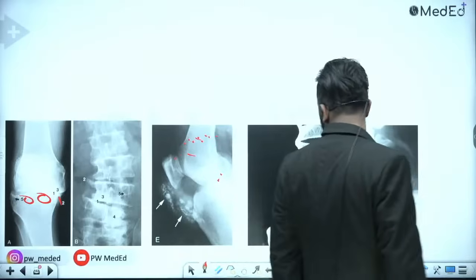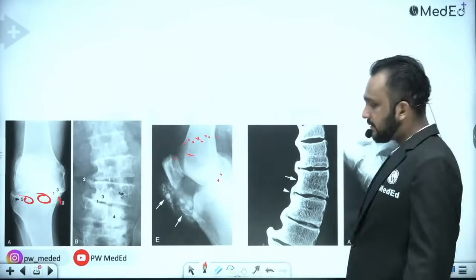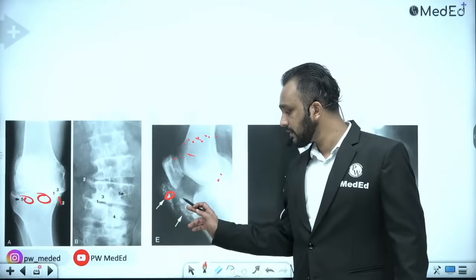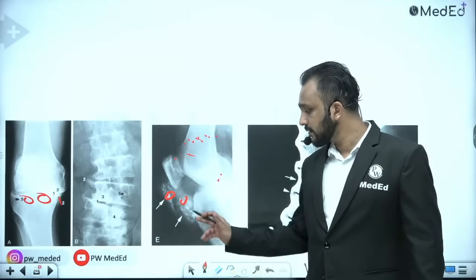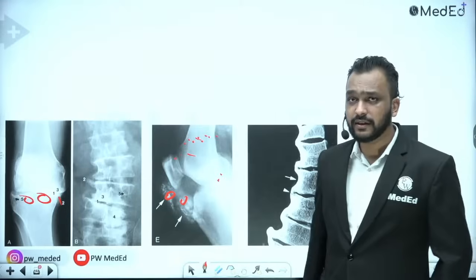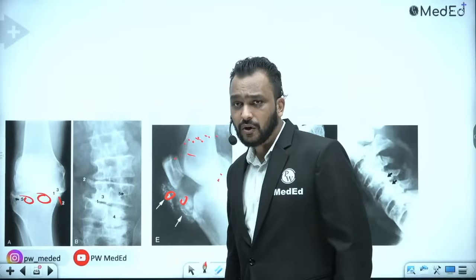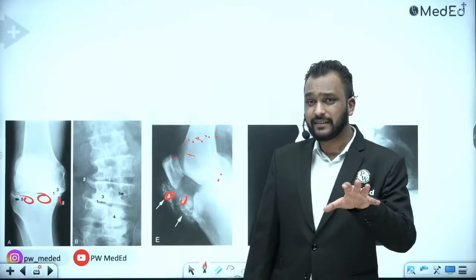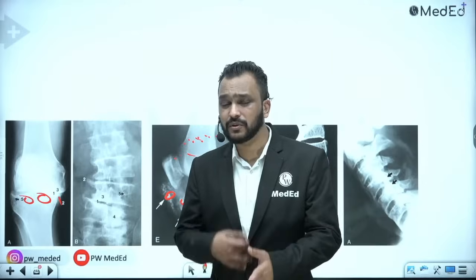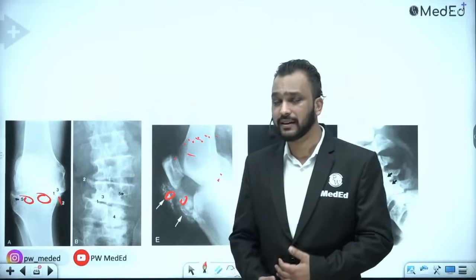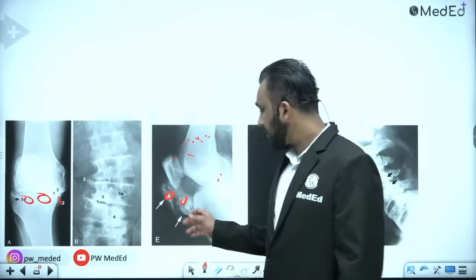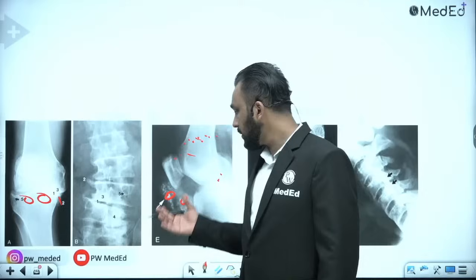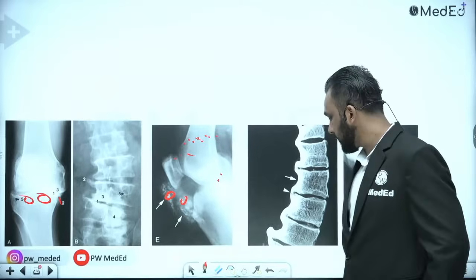In this third x-ray we can see that there are multiple calcific loose bodies around the knee joint. So this is seen in synovial osteochondromatosis. Basically there is metaplasia in the synovial tissue and it starts producing cartilage, and this cartilage will calcify and appear as loose bodies around the joint.